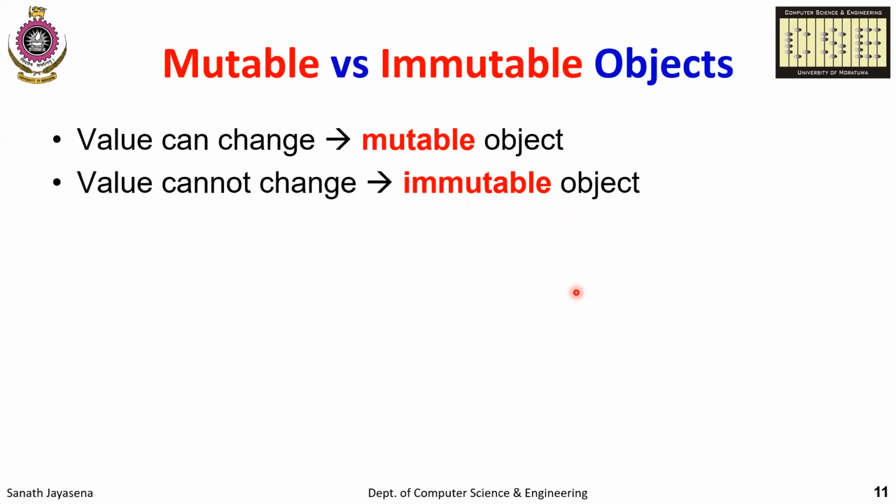One of them is the value. So all objects will have a value, but for certain objects, the value that it gets when it's created will remain, with modification or changing not being possible. Such an object is called an immutable object, as shown here. Value cannot change means immutable. Value can change means mutable.